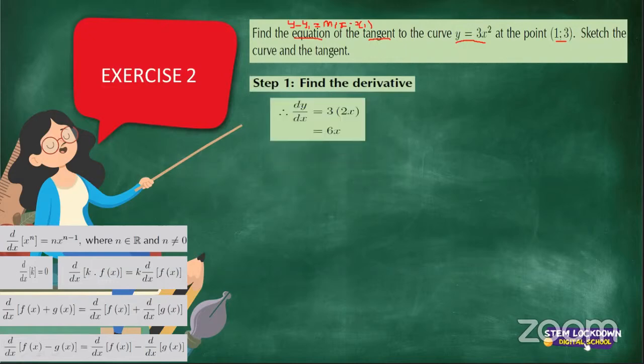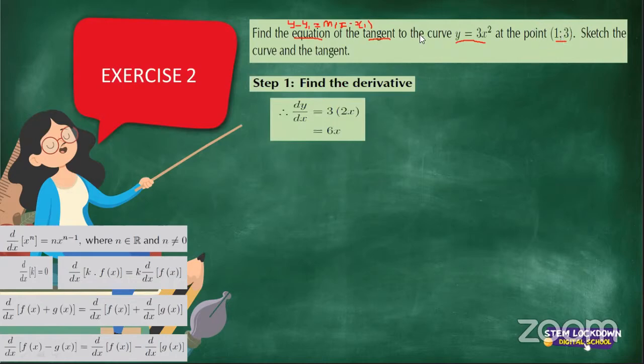The first thing you do is to find the derivative of your function. Why? Because if you find the derivative of your function, you will be able to calculate the gradient of your tangent at that point.